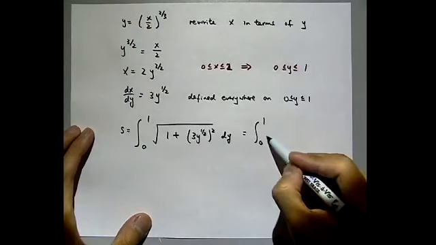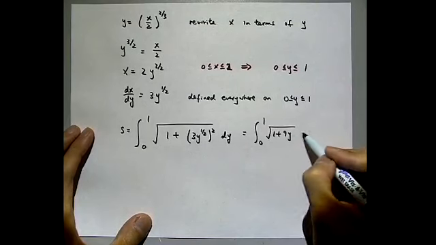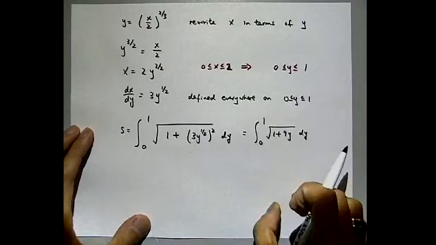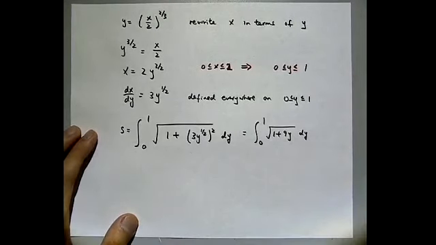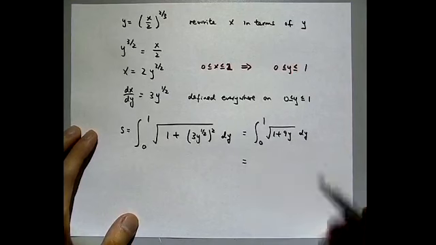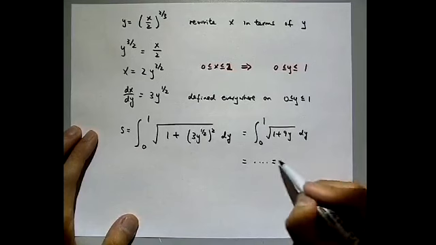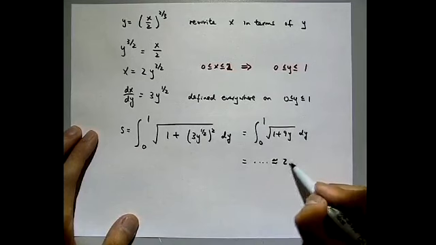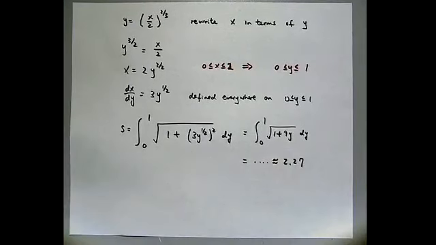So that's the integral from 0 to 1 of the radical of 1 plus 9y, dy. And you integrate using a substitution again, and I'll skip that step. We end up getting about 2.27. That's the arc length.